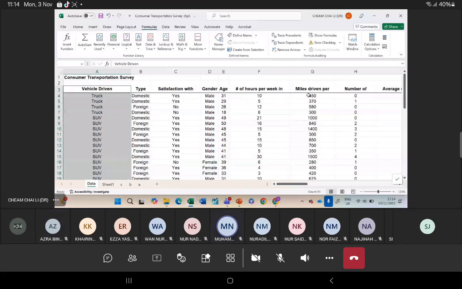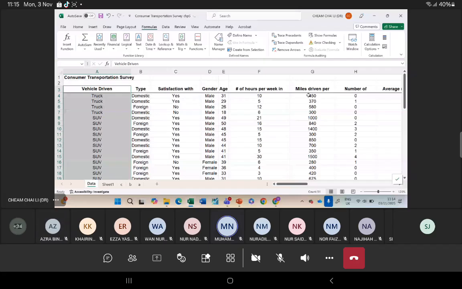So you can put in the new sheet and then you paste it, right? We paste it here. So I have this vehicle driven and the miles driven per week, right? This one I have already sorted. Okay, and then next, you can unselect. Press escape to unselect.